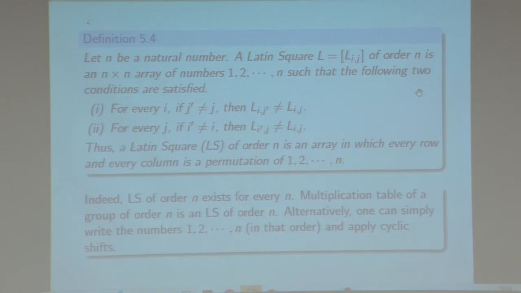This is what is called a cyclic Latin square. In particular, the group multiplication table of any group is a Latin square. The cancellation is all that you require here. So you don't need a group; even a much weaker algebraic structure will also do.